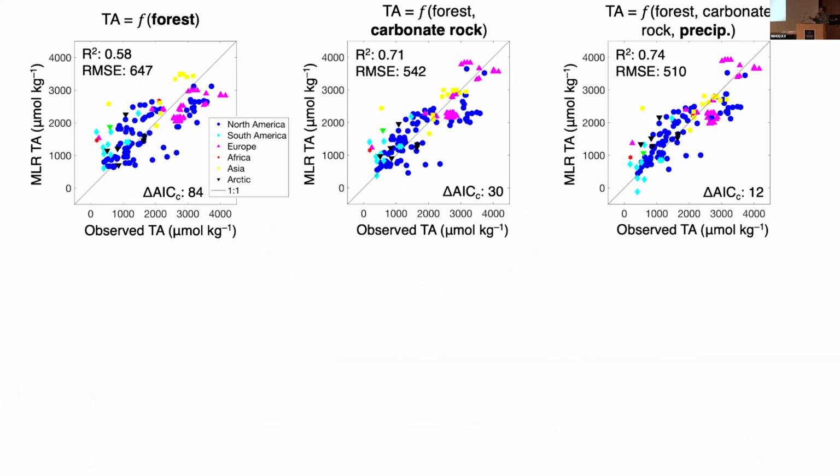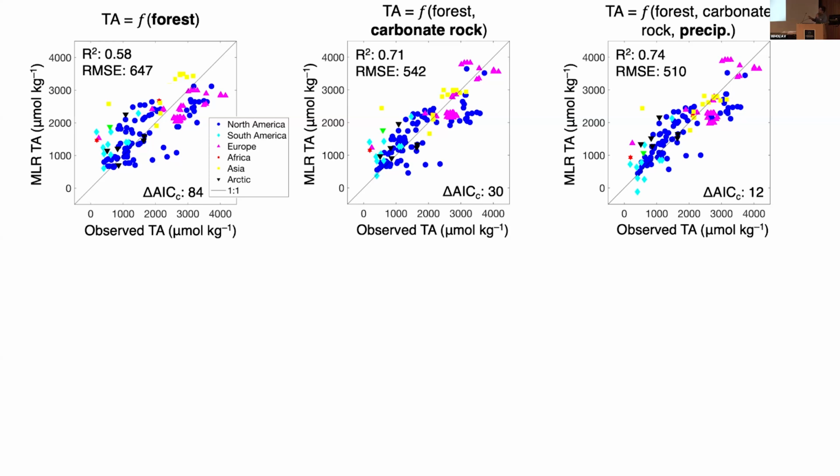And then we can try to add more watershed information. The combination of carbonate rock and the forest gives the best estimates if we only use two predictors. Similarly, adding annual mean precipitation over the watershed can further improve the estimates of alkalinity from this multilinear regression.